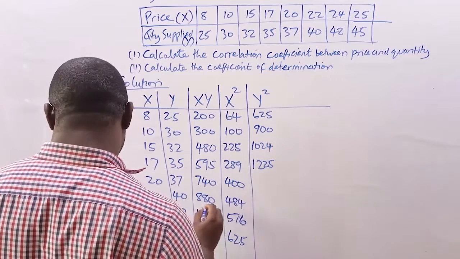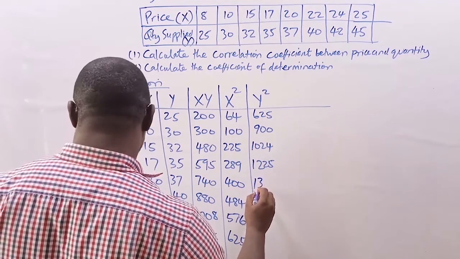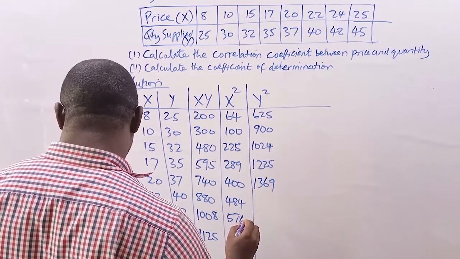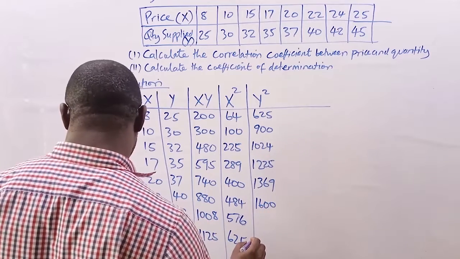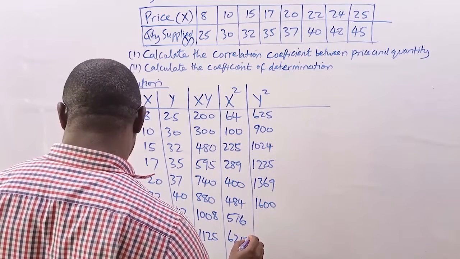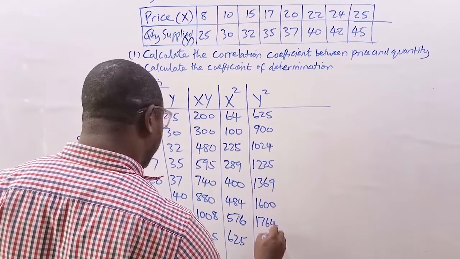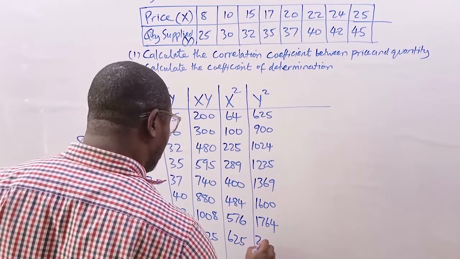The next one, 37 squared, is 1369. 40 squared is 1600. 42 squared is 1764. And 45 squared is 2025.